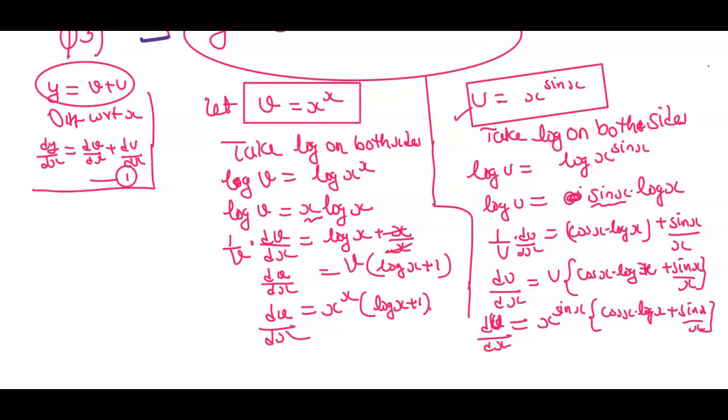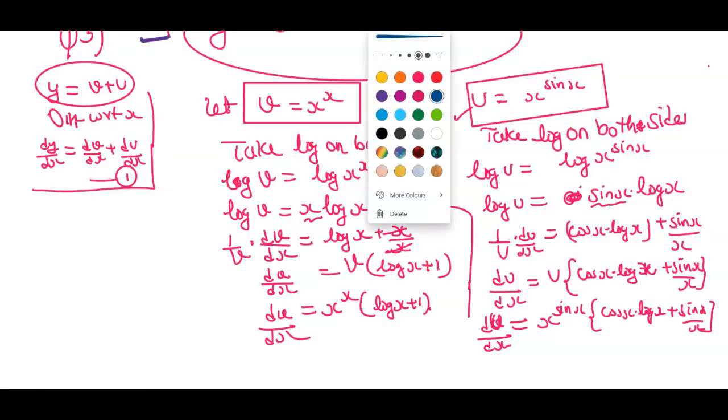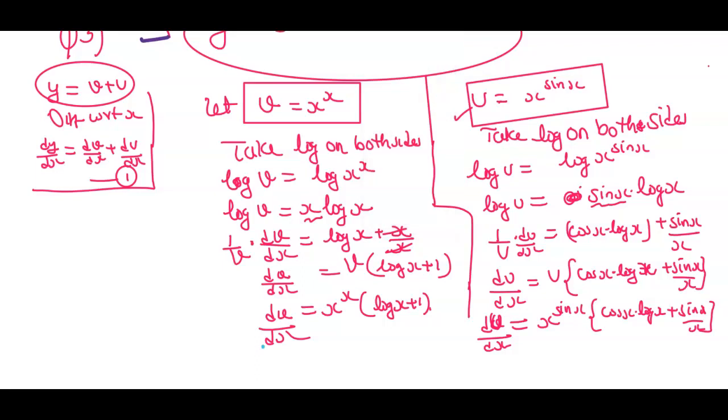So ideally speaking, we have got dv by dx and du by dx. If I put them over here, I am going to get the final value.